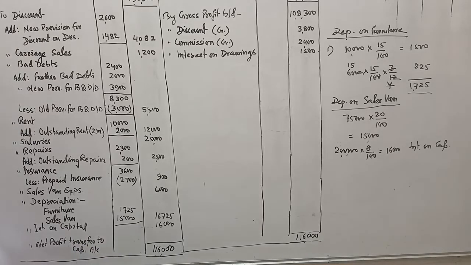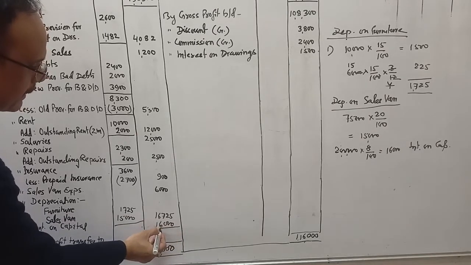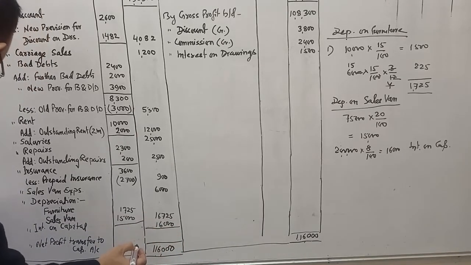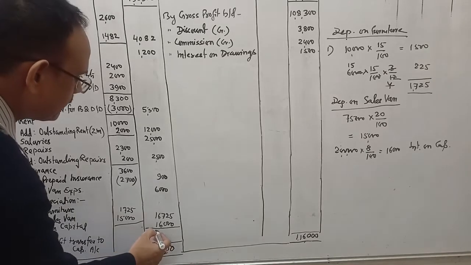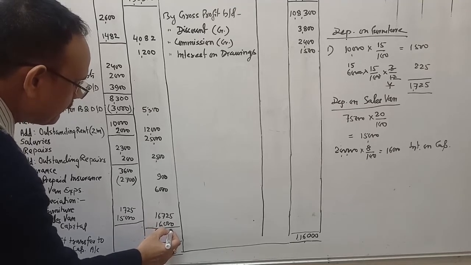So the difference amount, net profit, will transfer to the capital account. The debit side total is 89,707.